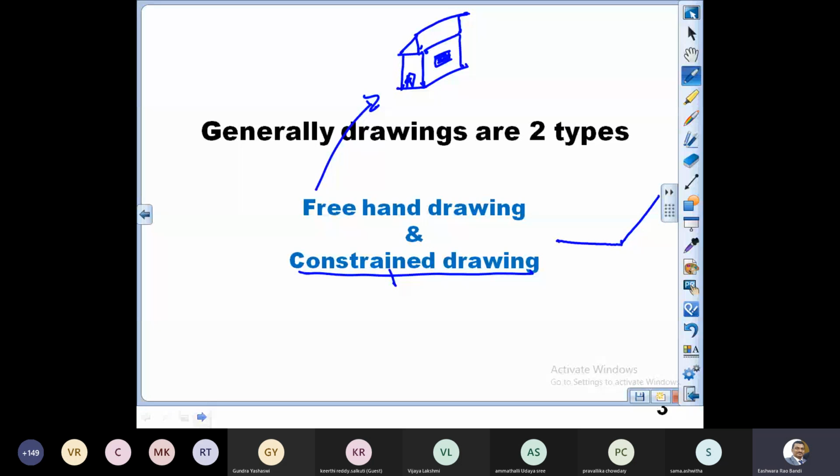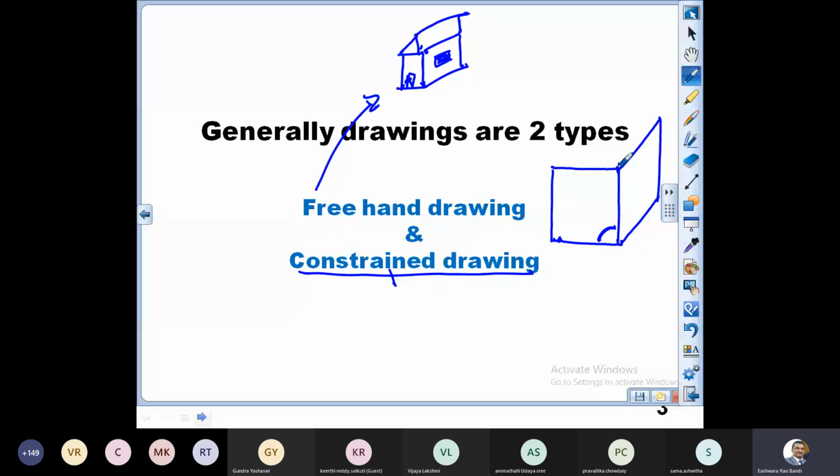And the same way, it is having a 5-meter height. Now I'm completing this. If you can see, the angle between these two is 90 degrees. Right? The lines are constrained.